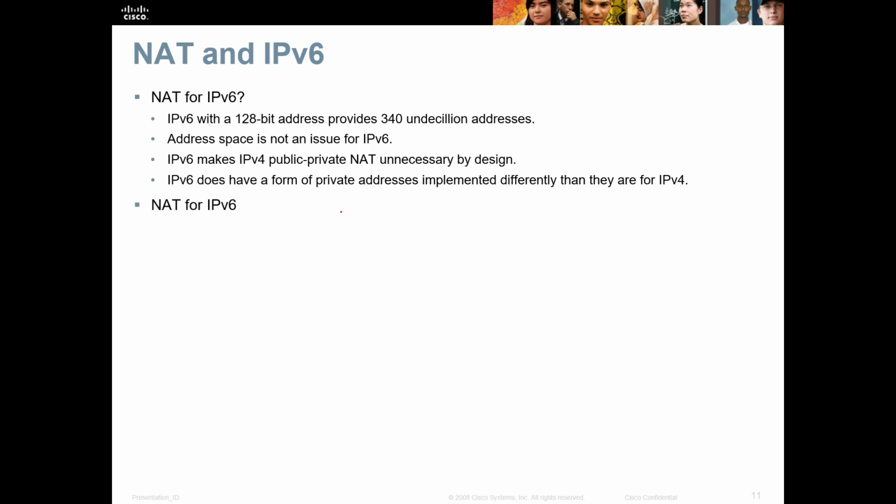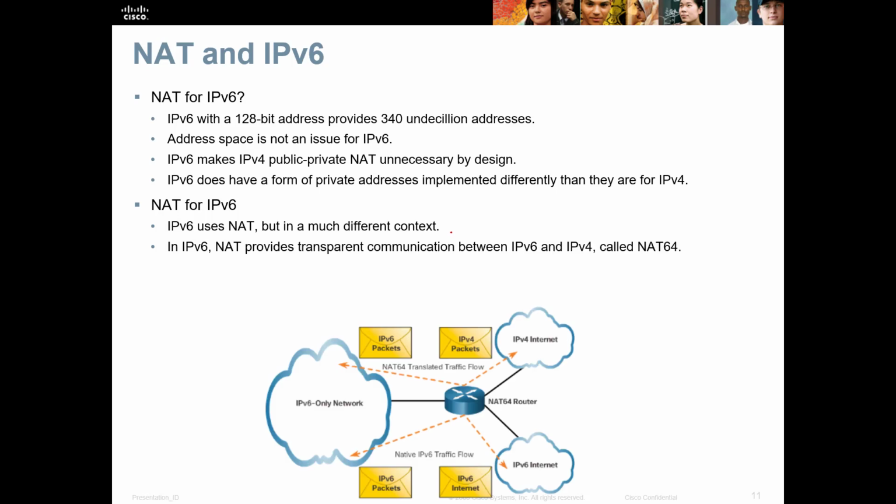So how do we do it? Let me just make these few comments. It uses NAT, but has a much different context. NAT provides transparent communication between IPv6 and IPv4 networks, and that's really the main reason we did it. People were starting to develop IPv6 networks, and they had plenty of address space, and they were really at risk of losing touch with IPv4 networks.